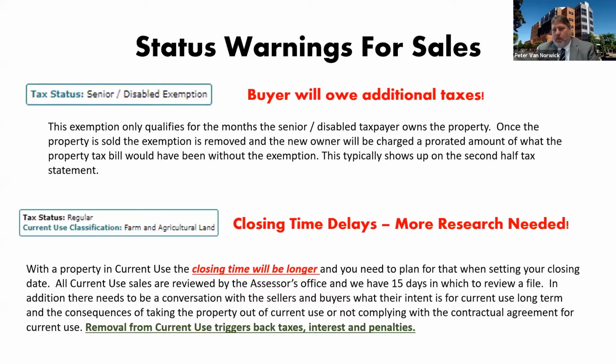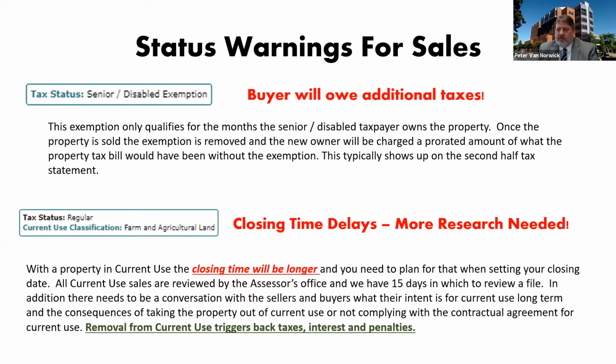The important thing in knowing this is knowing what the ramifications are and what the people are taking over. So when it is in farm and agricultural land, you want to know, is your buyer interested in keeping it in or taking it out?